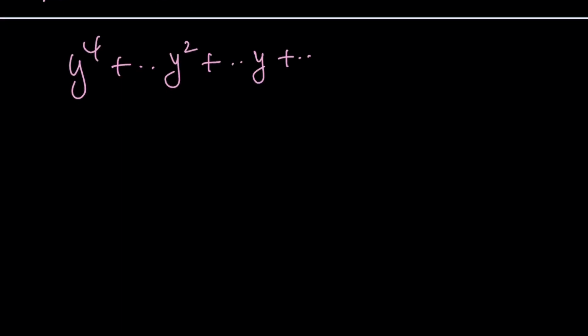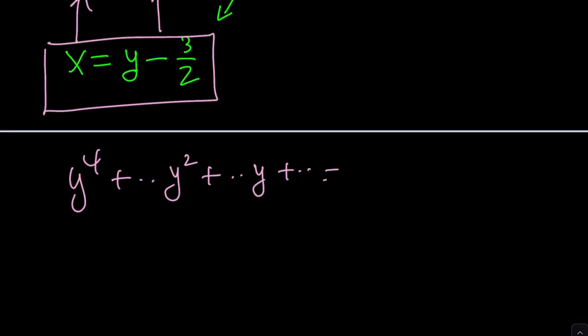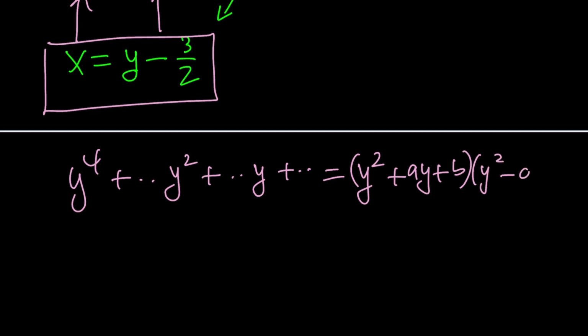But at the end, this comes down to the following. You can kind of write it as y squared plus ay plus b multiplied by y squared minus ay plus c. And b times c is going to give you the constant term. But why did I use plus minus ay? Because that indicates there's no cubic term. Make sense?